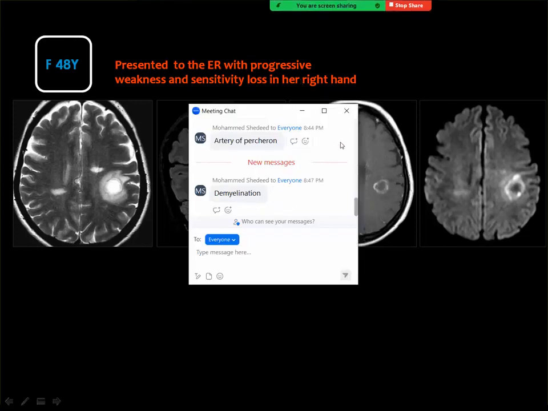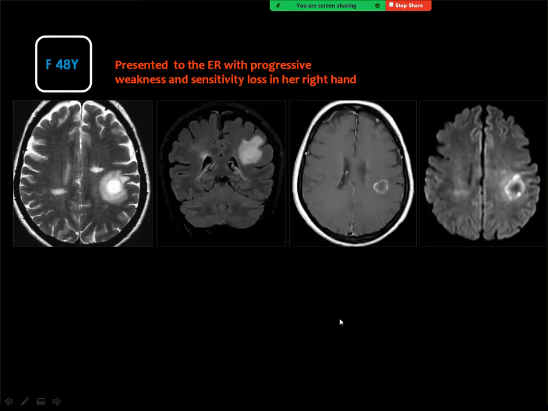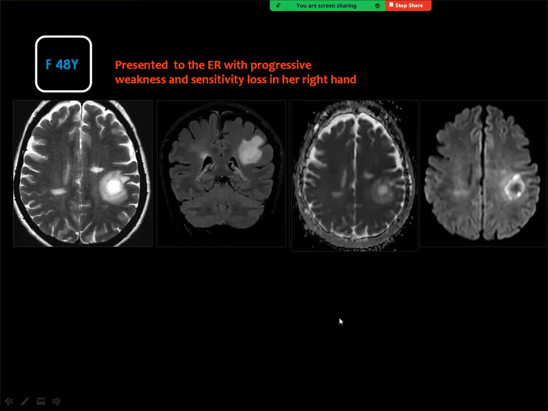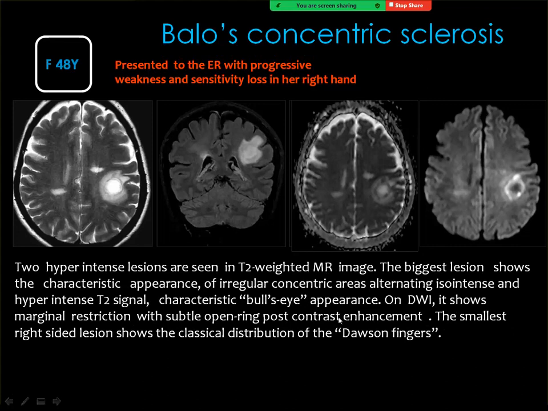This is, of course, demyelination, but a specific type of demyelination, which is known as Balo concentric sclerosis, which is one of the variants of MS. This lesion may be single or multiple, and you've got layers or concentric layers within the lesion, and hence its name.